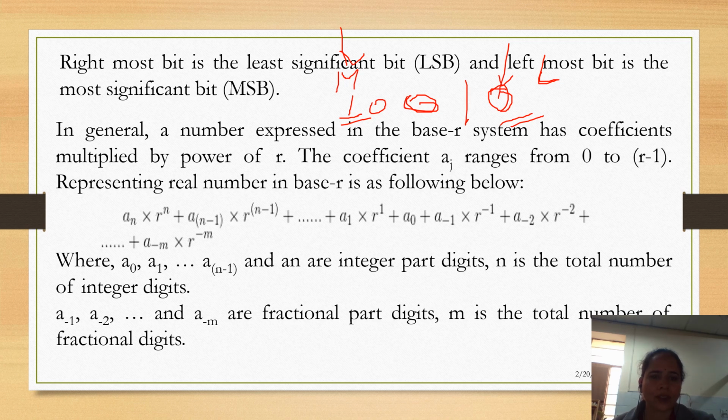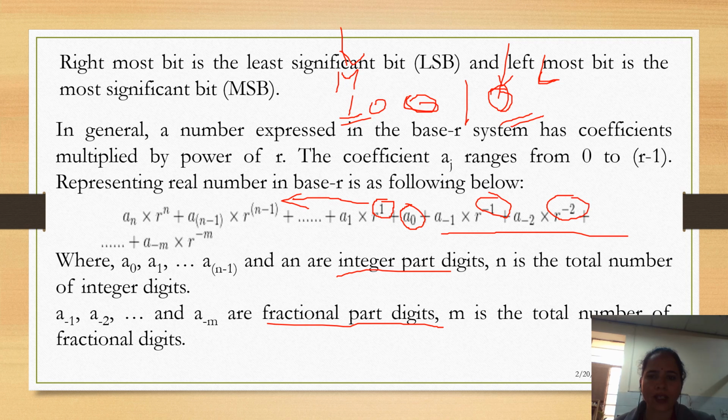Now if we represent the number with a dot also, the weightage starts from this. Now these are the powers. We can see that in the integer part the powers increment, whereas in the fractional part the powers decrement by 1, and the power starts from -1 and so on.